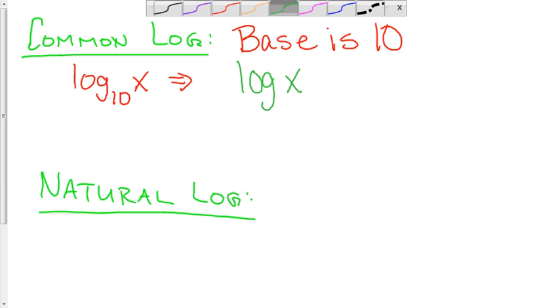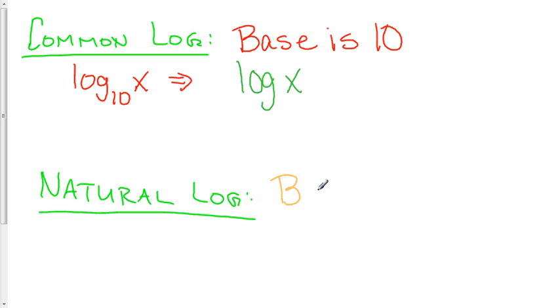The second type of logarithm is a natural logarithm. And in a natural logarithm, the base is e. And if you recall from section 1 here, e is approximately equal to 2.71 and so on.